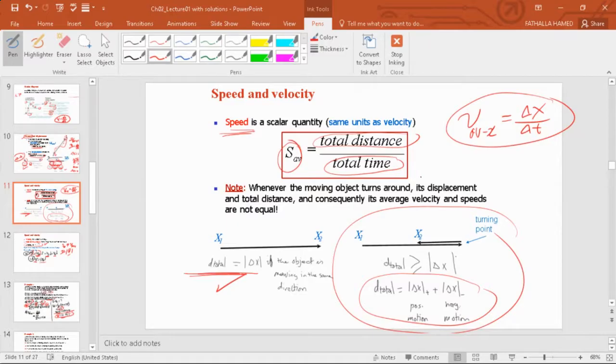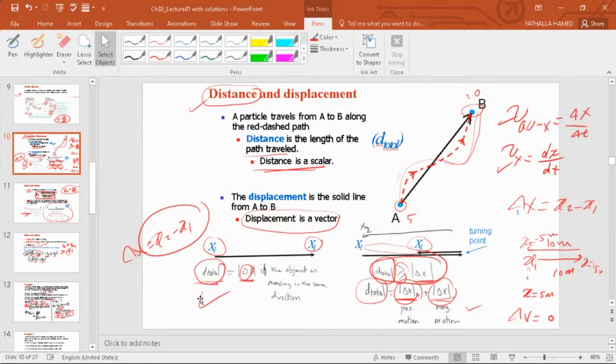So if you go back to the previous slide, we have a situation where the distance and the displacement may be equal. That's only if you're moving along the positive x-axis. But in most cases, your distance is bigger.